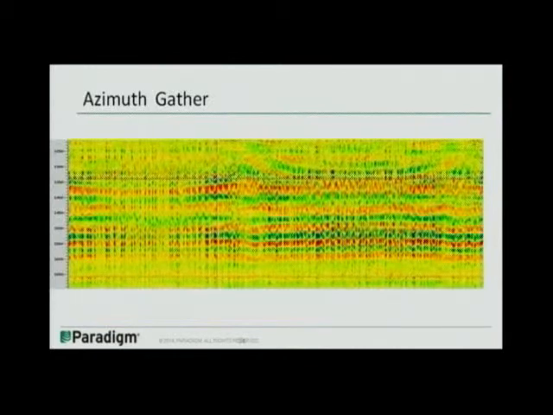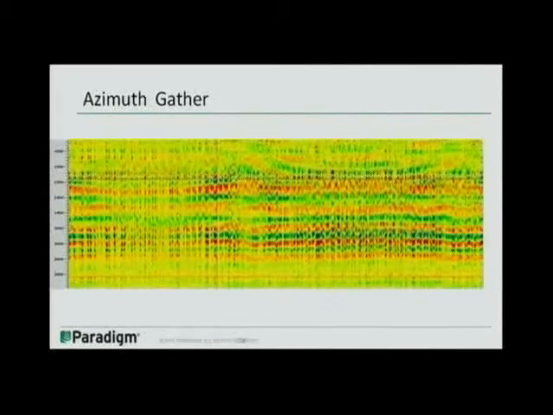This is exactly the same gather displayed in a different way. Here, this axis is the azimuth. So this is 0 degrees, and this is 360 degrees over there. All these traces are organized inside this kind of spread, and you can see that it's quite messy. Now we have this automatic procedure which is trying to flatten this, make it flat.